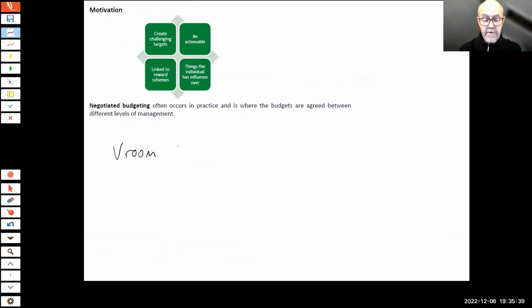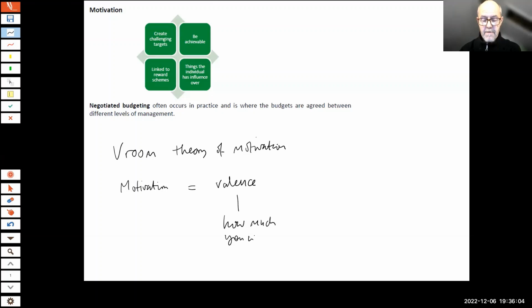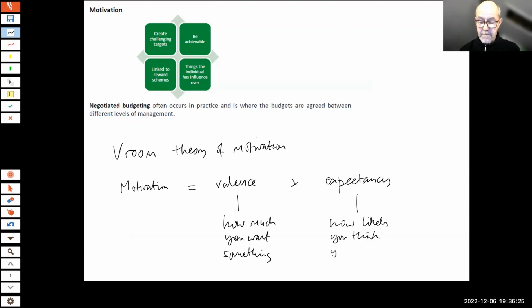And his theory of motivation was that the amount of motivation an individual feels is the product of two factors: valence, which is how much you want something, times expectancy, which is how likely you think, not actually how likely it is, but how likely you think you are to get it.